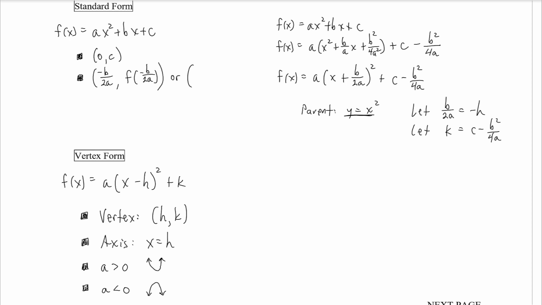For those who are clever enough to do it, you could remember that. That means the axis of symmetry is always x equals negative b over 2a.